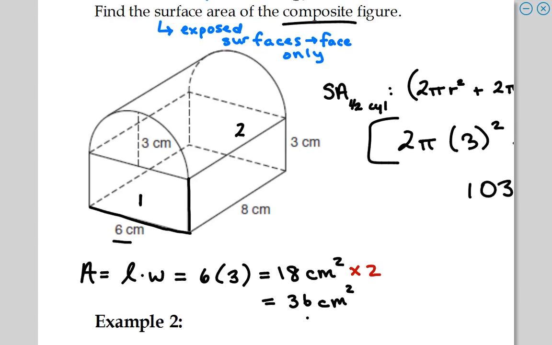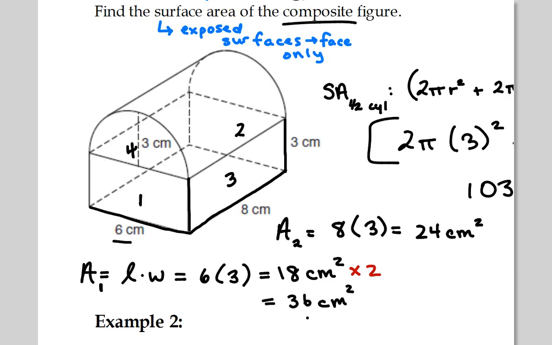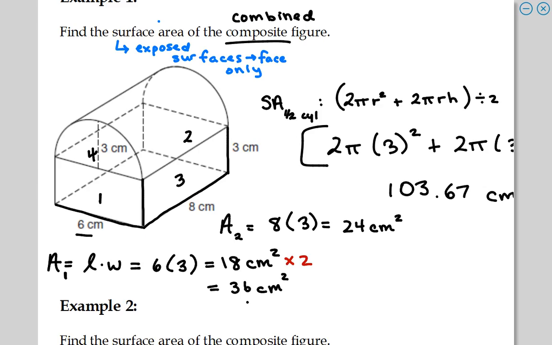Okay, let's do the sides. Side 3 and side 4. On the side here, what are the dimensions of these rectangles? 8 by 3. Excellent. So if that was area 1, let's call this area 2. Length times width, 8 by 3. That's 24 square centimeters. And I should, of course, do what with that value? Double it up. Why would I double it up?